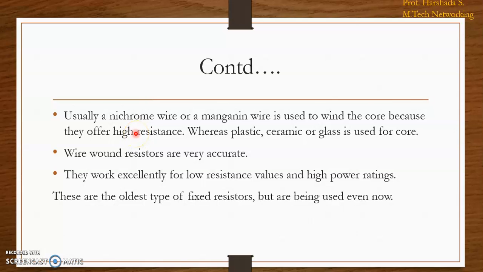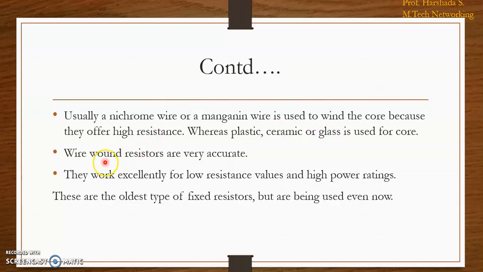That wire is nichrome or a magnetic wire, because it offers high resistance. Okay? Plastic, ceramic or glass is used for the core because plastic, ceramic and glass do not accept any current; they reject the current.